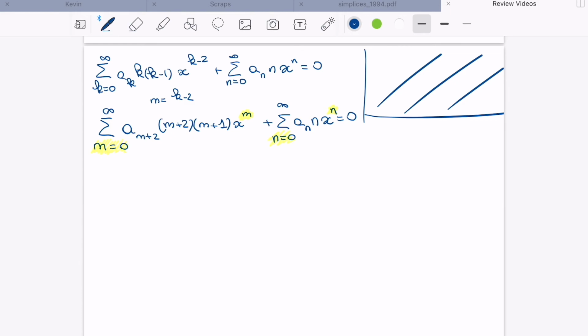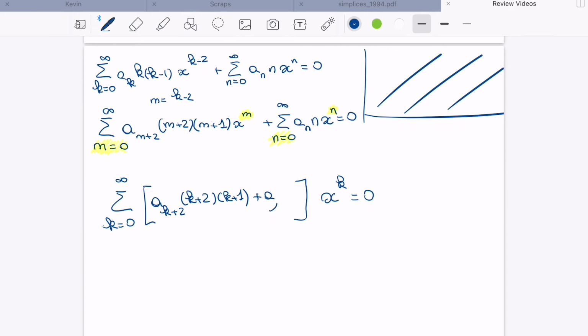So we can write the sum for k equal to 0 to infinity of the sum of the two coefficients, and then we have x^k equal to 0. So we have a_(k+2) (k+2)(k+1) for the first term, plus a_k k for the second term.